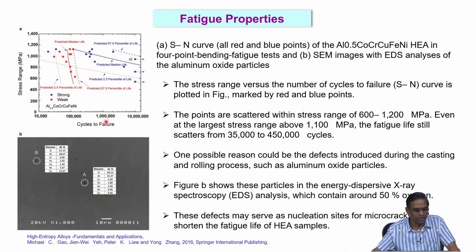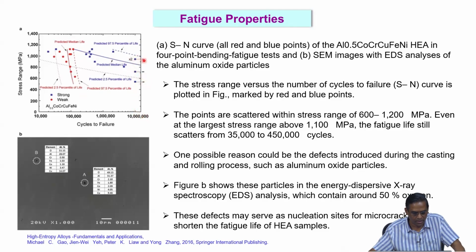That means the red dots are coming down as a function of cycles, the stress range comes down. That means the material tries to soften very fast. That is why it is marked as weak, and these blue dots are slowly coming down in the stress, and then they last for a large number of cycles.